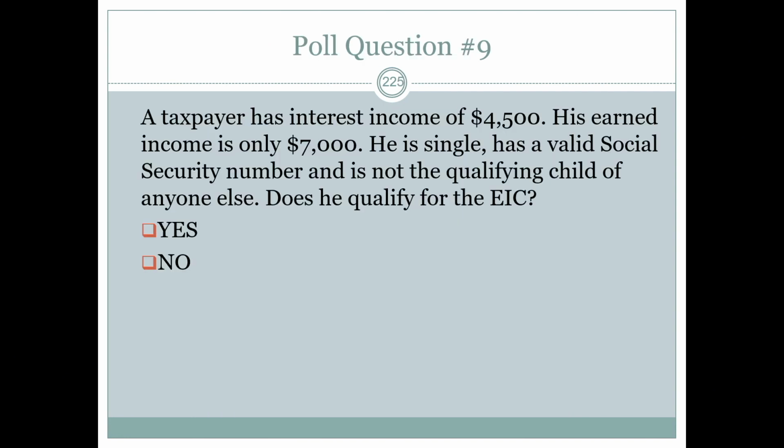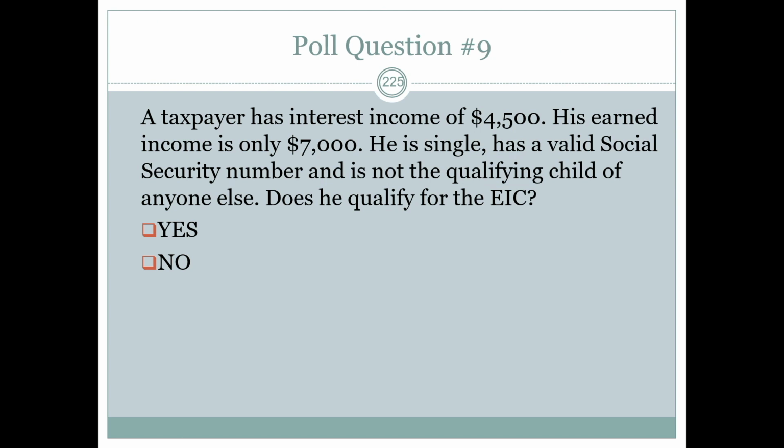A taxpayer has interest income of $4,500. His earned income is only $7,000. He is single, has a valid Social Security number, and is not the qualifying child of anyone else.